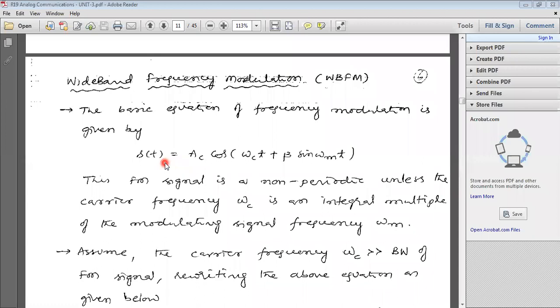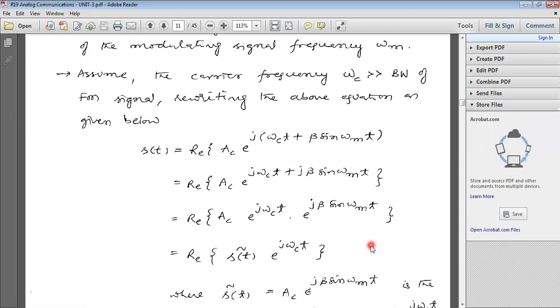So s of t equal to Ac cos omega ct plus beta sin omega mt. Already we know. So beta is the modulation index. Here let us assume that the carrier frequency omega c is very much high compared to the bandwidth of the FM signal.